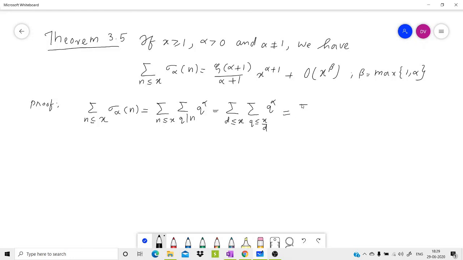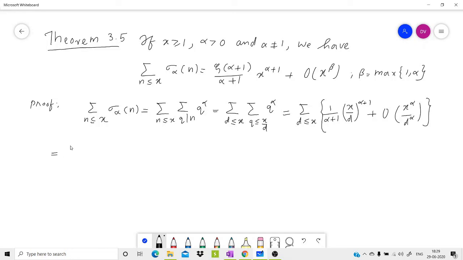So, what is the consequence of this? When we write this as sigma d less than or equal to x, the summation can be written, using the d part of the applications of Euler's summation formula, as 1 by alpha plus 1 times x by d raised to alpha plus 1 plus O of x raised to alpha divided by d raised to alpha. So we need to distribute the summation again.